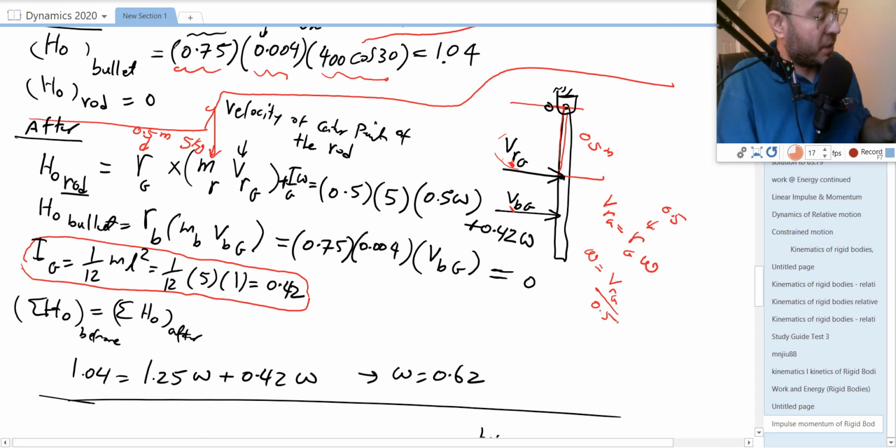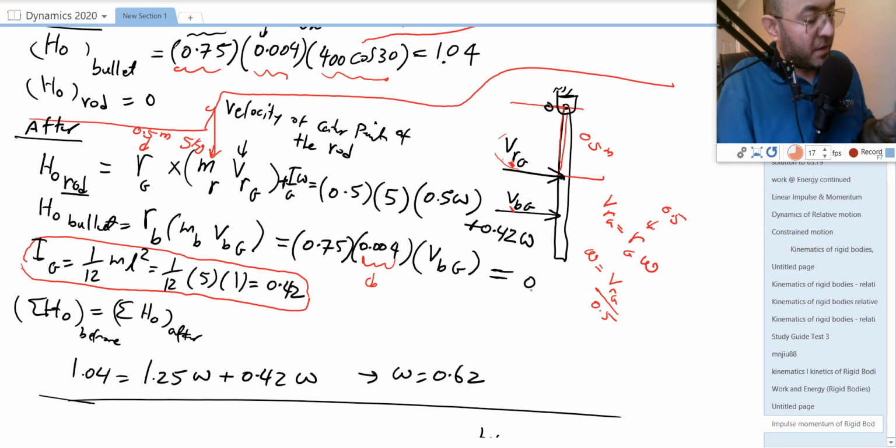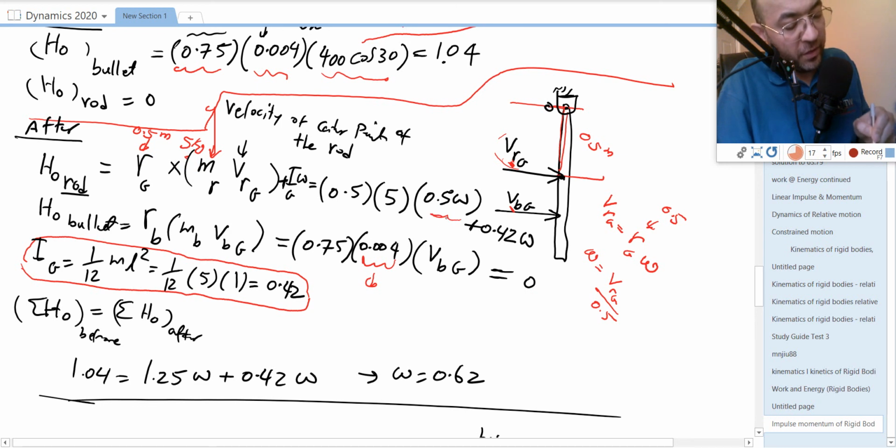Now let's look at the equation. HO of the bullet after the impact: the bullet doesn't have anything when it comes to a complete stop. The problem is the mass is too small, like 0.004, so if you multiply this you end up with nothing in this calculation. That's why we use 0, since 4 gram compared to 5 kilogram is nothing. Now this is 0.5 times 5, and instead of Vg we put 0.5 omega from this equation, plus Ig, which is 0.42 from here, times omega.